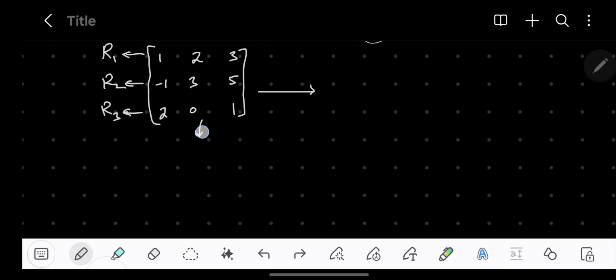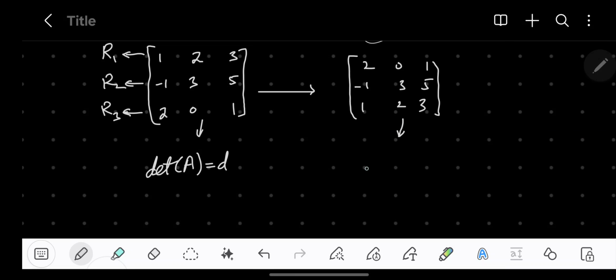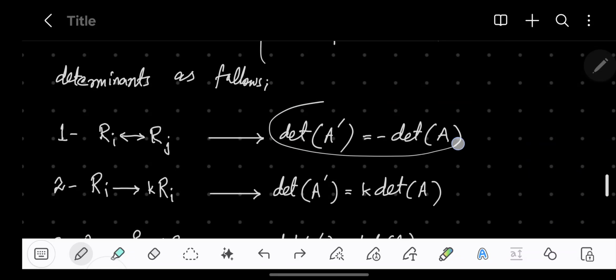Suppose that the determinant of A is, for example, D. Then if I swap row 1 with 3, the determinant of this new matrix, called A prime, is equal to negative D. Because the determinant of A was D, after swapping, the determinant will be the negative of the original determinant. So this is the first rule.